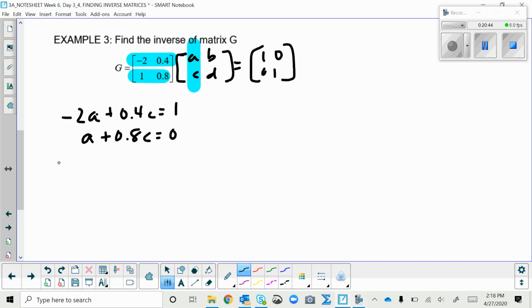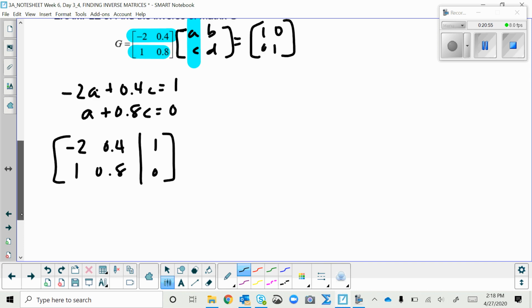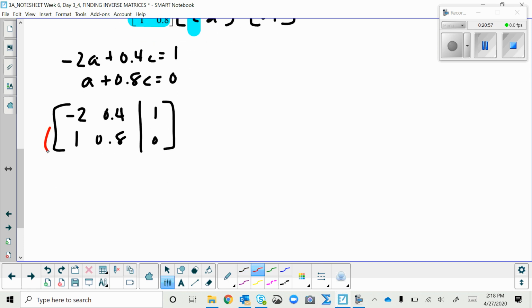My augmented matrix looks like this. I'm going to do 2 times the second row.